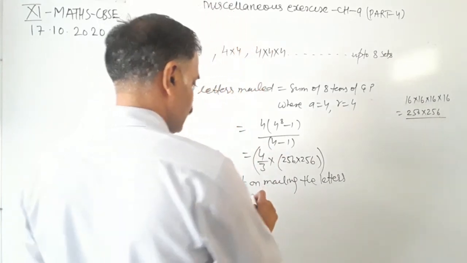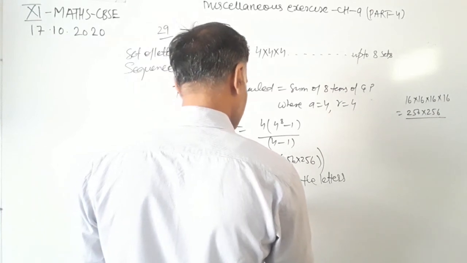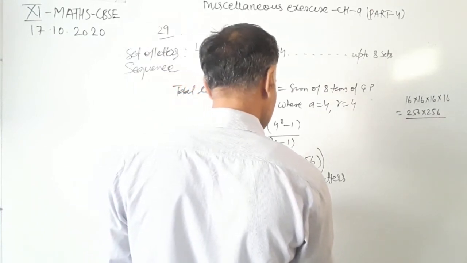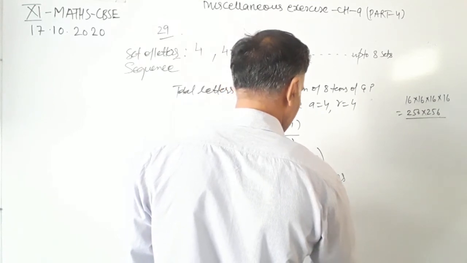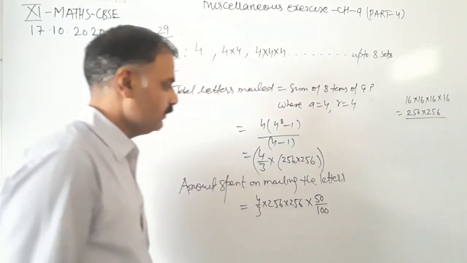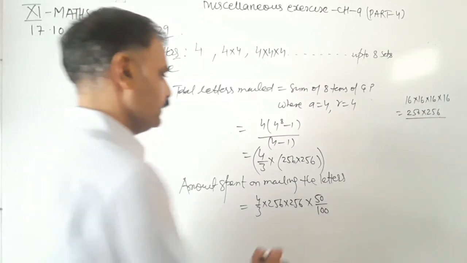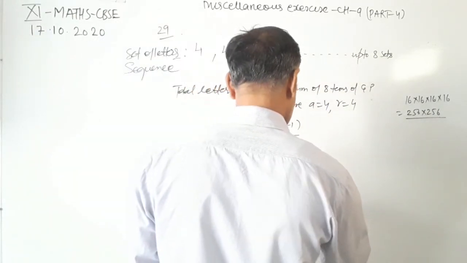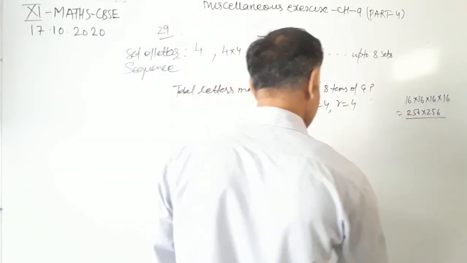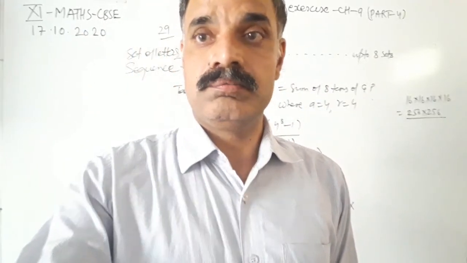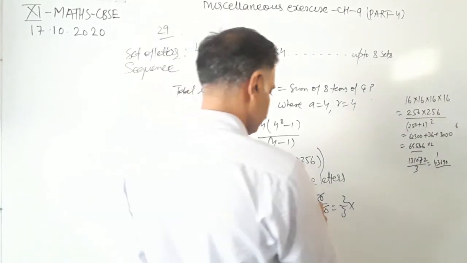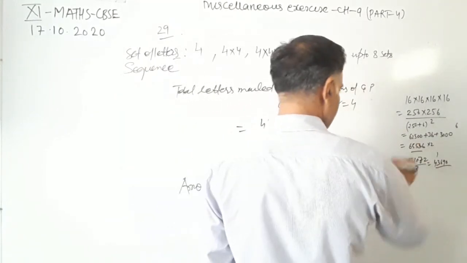So the total is 4/3 into 256 into 256 into 50 paise, that is 50 upon 100. So this is 2/3 into 256 into 256.